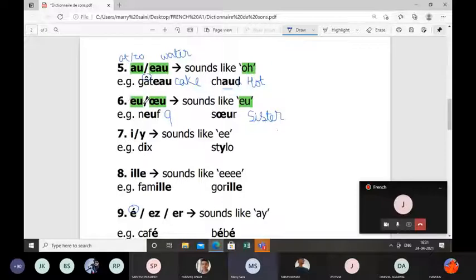So whenever you have "eu" or "œu", the sound that we are having is the same. For example, you have "œuf". Œuf means egg. Œuf. That sound you need to give.